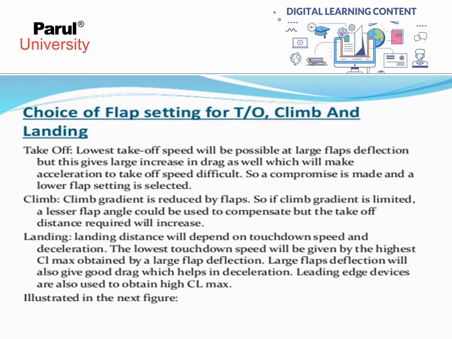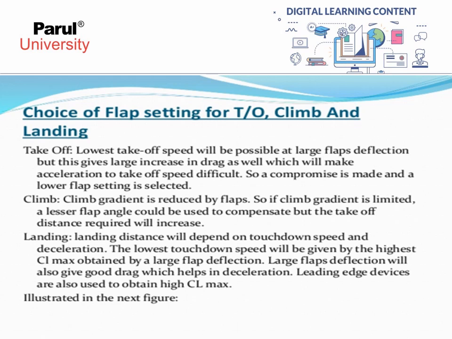Now third is landing. Landing distance will depend on touchdown speed and deceleration. The lowest touchdown speed will be given by the highest CLmax obtained by a large flap deflection. The large flap deflection will also give good drag, which helps in deceleration, right?